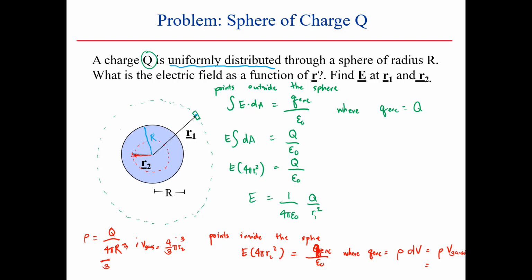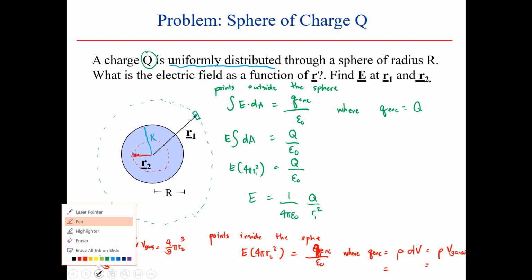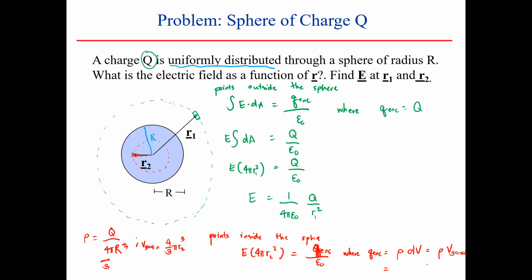Therefore, our Q enclosed is equal to, we just multiply these two, class. So this is equal to Q divided by 4/3 pi R cubed, big R, times the Gaussian surface volume, 4/3 pi R sub 2 cubed.